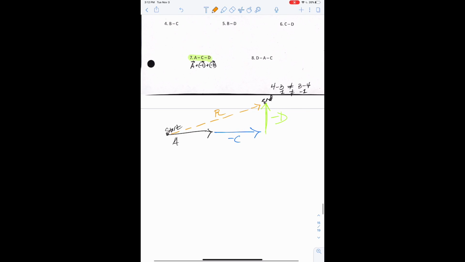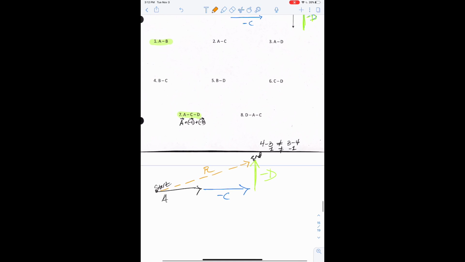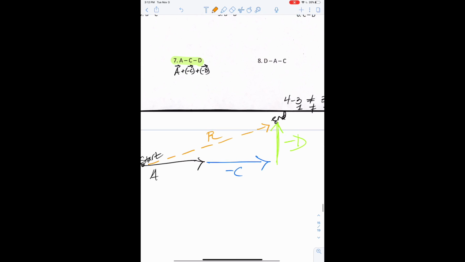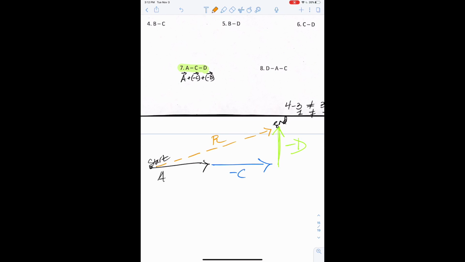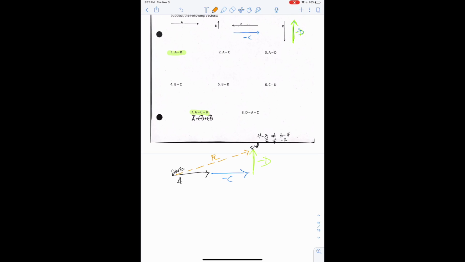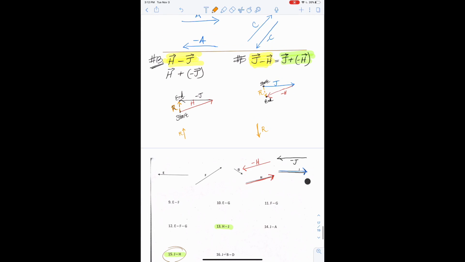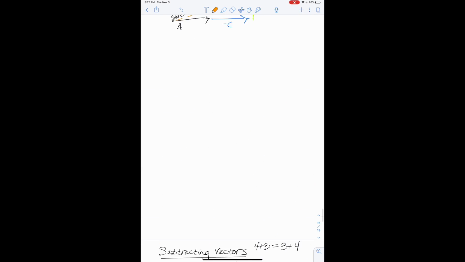Okay, and that's it. So hopefully this is making sense. Adding and subtracting vectors, we will use it throughout the course, and when we resolve vectors especially. Hopefully we did some good examples there.